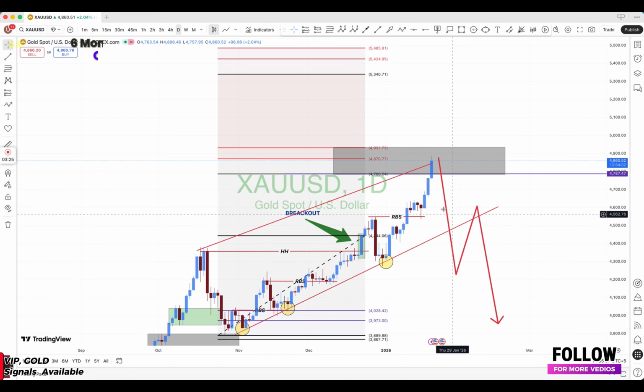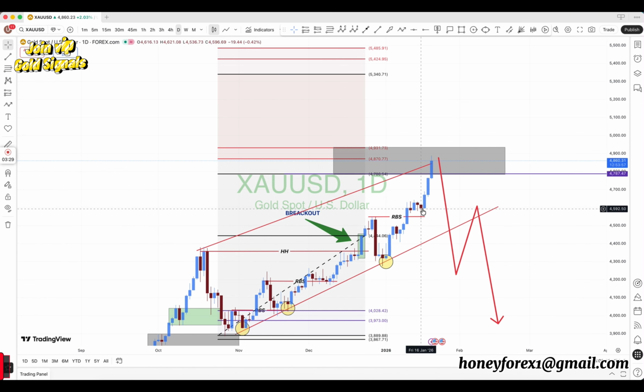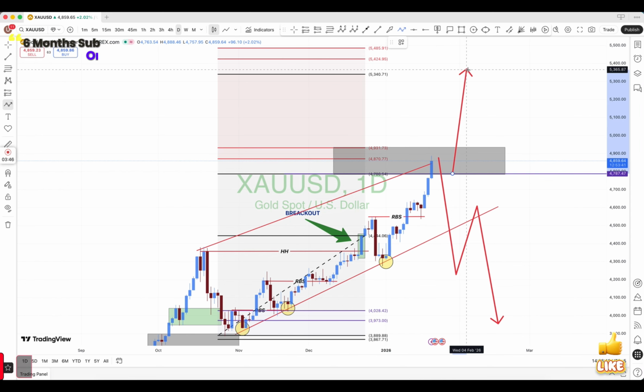But now we need confirmation. We need break down this area and break down this low, then we will confirm about sell. Otherwise, if market respect this area, or if market easily can pass this area, so then next gold target is 5340.